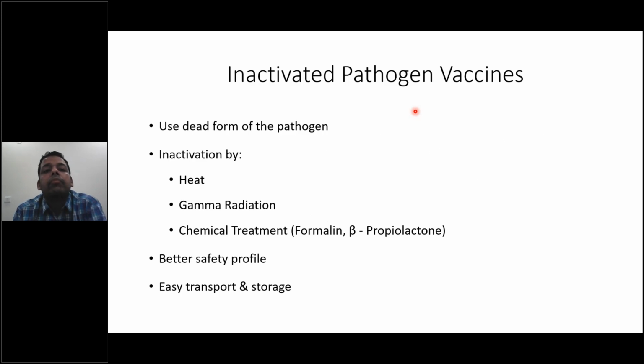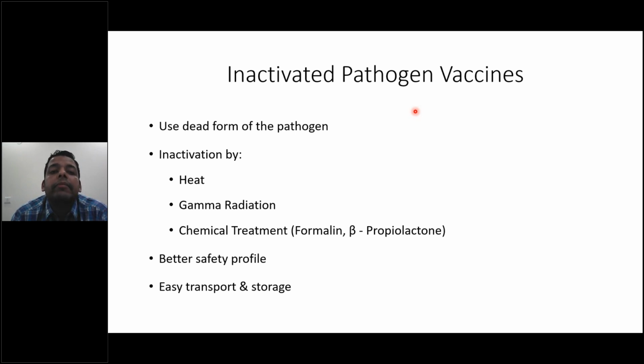The next way is by using what we call the inactivated pathogen vaccines. In this, the virus is killed. In the previous method, the virus was only attenuated. It was still alive. It had just undergone some mutations. Here we kill the virus.